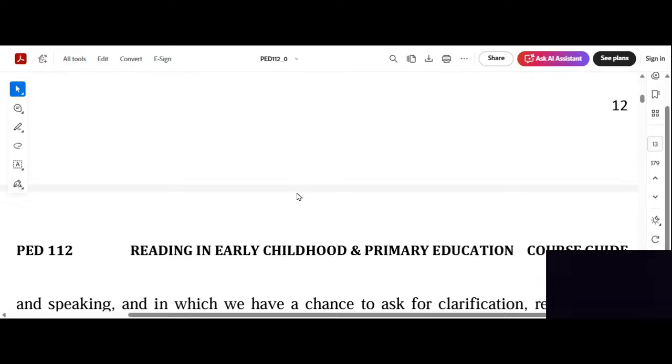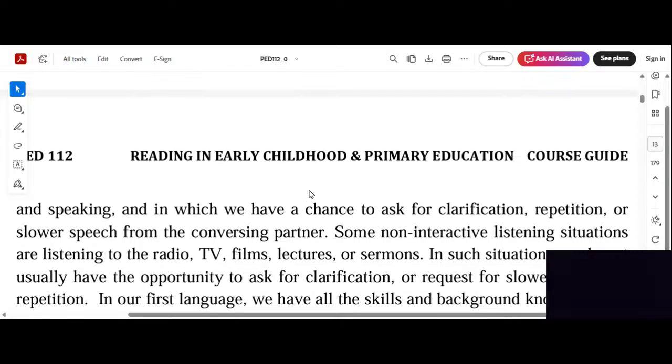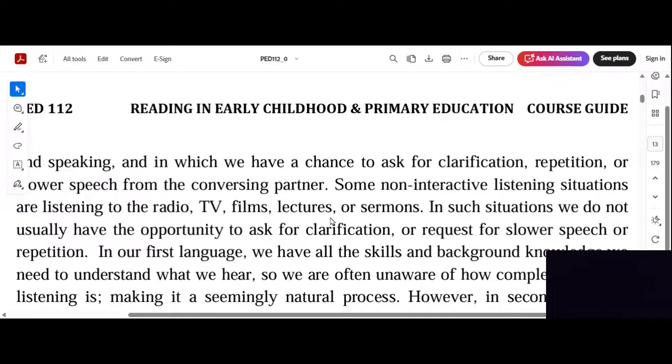The one that is non-interactive is a situation where you listen to things like radio, television, lectures, or sermons. Like what is ongoing here now, you are actually just listening. You are not going to be able to speak back to me. It's just a lecture.